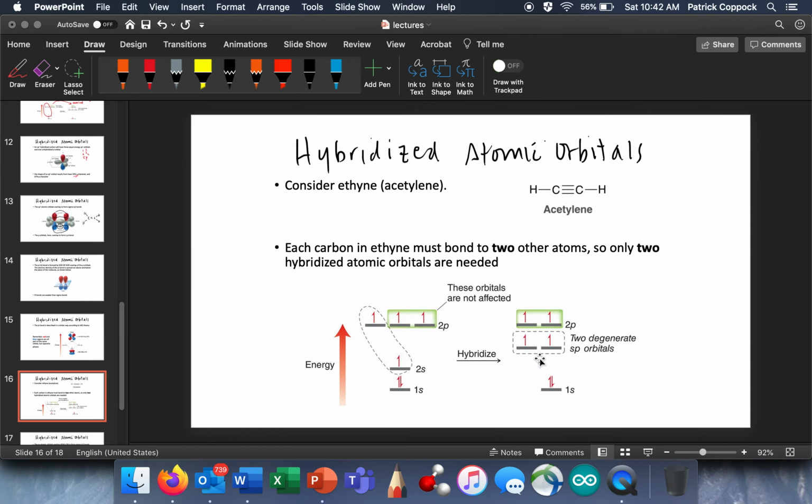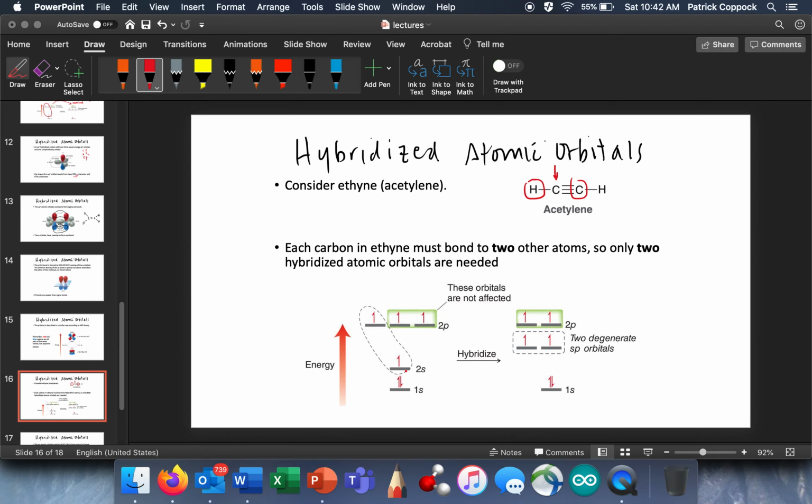All right. Now, if we're doing acetylene, which is a triple bond, this carbon right here is only bonded to two other atoms, right? It's bonded to a hydrogen and a carbon. So since it's bonded to only two other atoms, it's going to require the mixing of an s and a p.